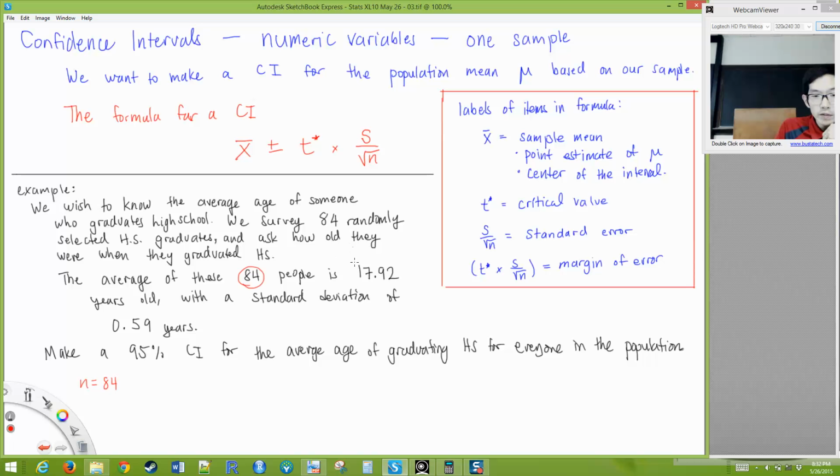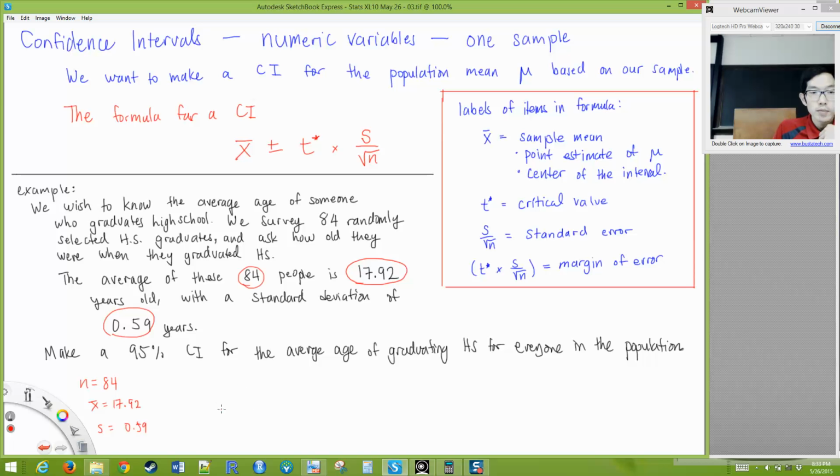Okay, what is 17.92? Yes, 17.92 is our sample mean, right? So x bar is 17.92. What is 0.59? Yeah, s is 0.59, our sample standard deviation, s.